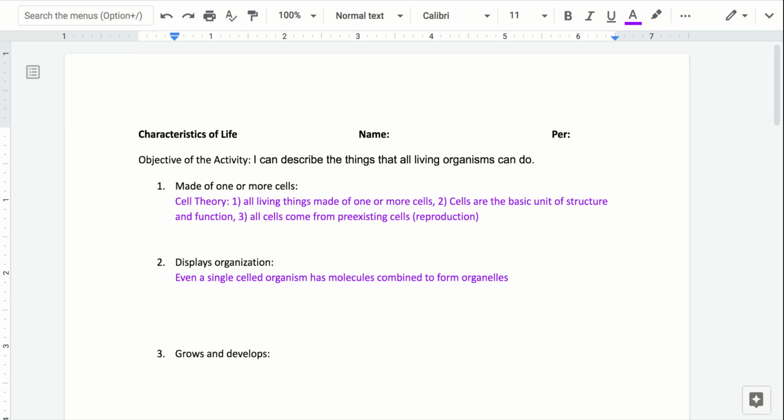Okay. In complex organisms, like yourself, cells combine to form tissues, which form organs, which form organ systems.